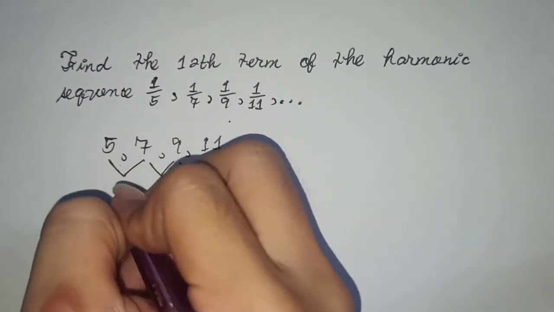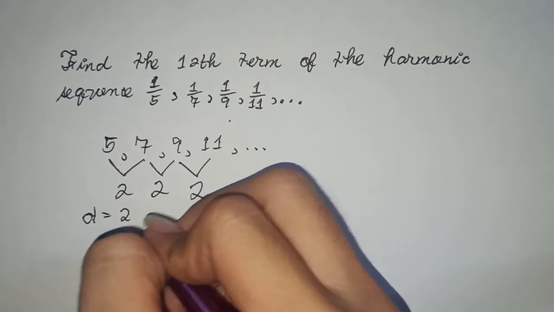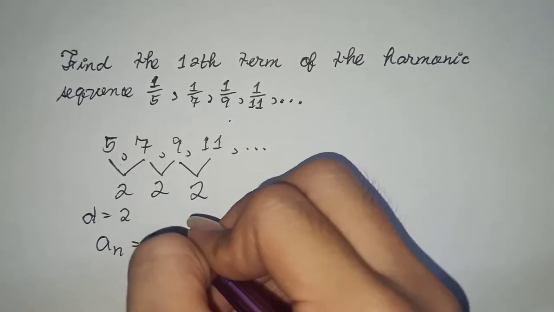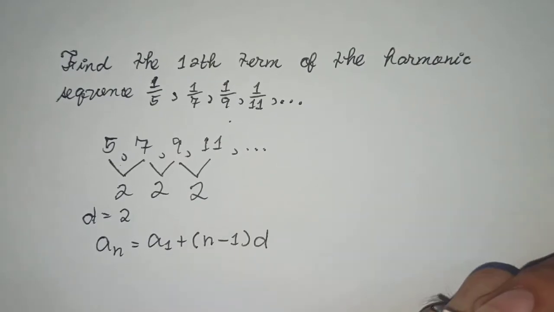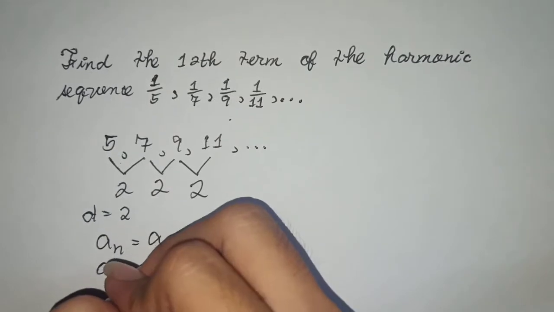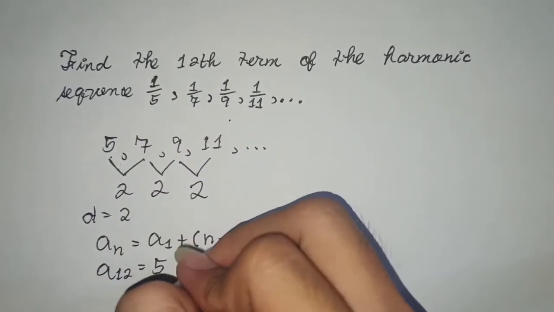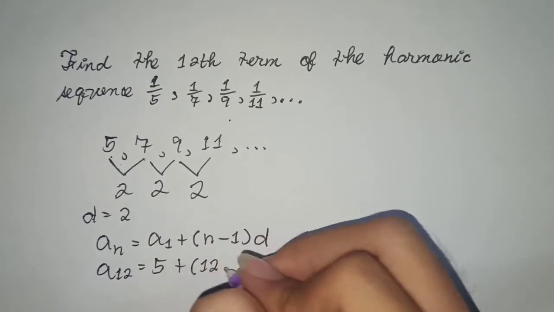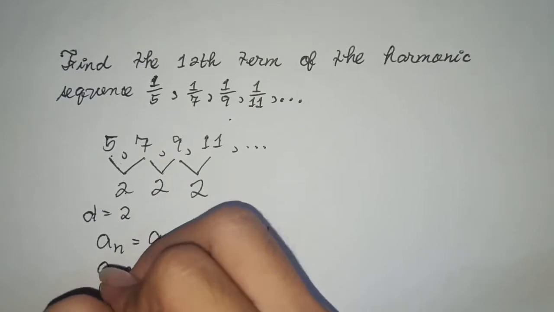Now let's use the formula in finding the nth term of an arithmetic sequence. We have a sub n equals a sub 1 plus the quantity of n minus 1 times d. Now let's substitute the values. It's time to look for the 12th term. 5 for a sub 1 plus n is 12 minus 1 times 2, which is the common difference.